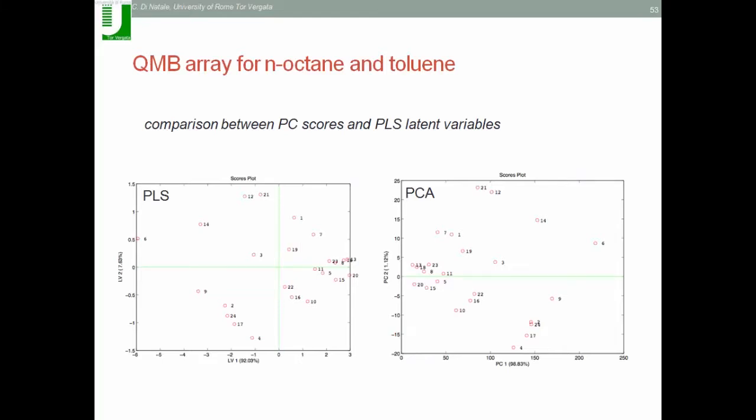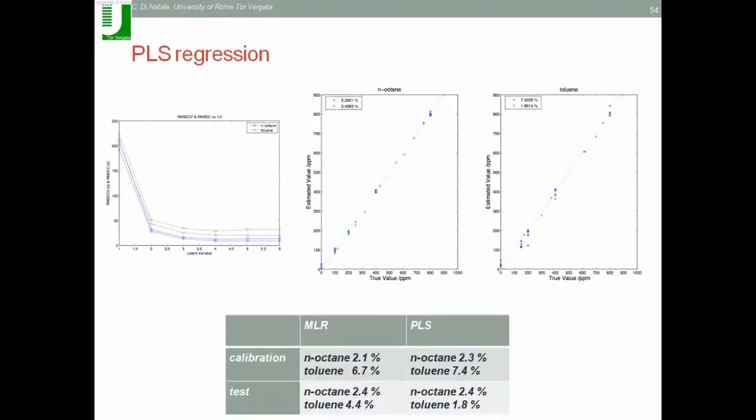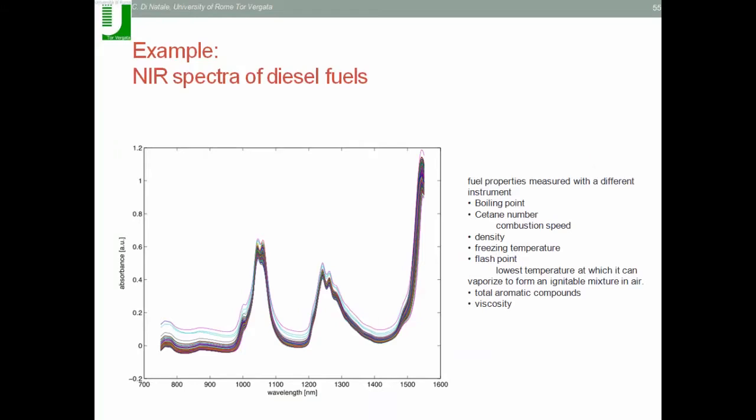5 minutes. So I discuss this one because it gives us more information. This is the near infrared spectra of diesel fuels.